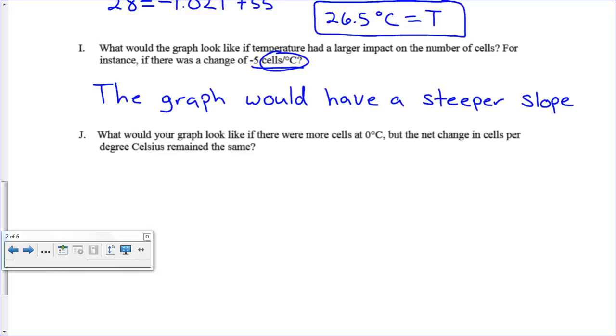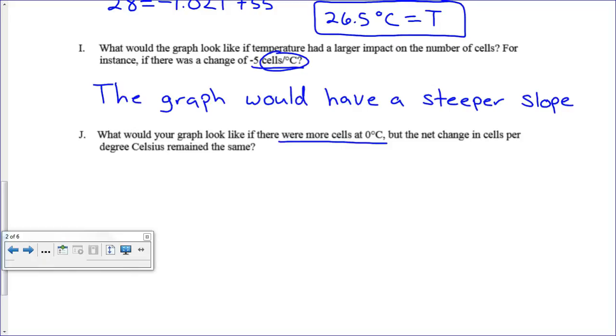And then this last question here said, what would your graph look like if there were more cells at 0 degrees Celsius, but the net change in cells per degree Celsius remained the same? So for this one, we've got more cells at 0 degrees Celsius, and that should look familiar to you as well. What we're talking about, the number of cells at 0 degrees Celsius, that is the vertical intercept.